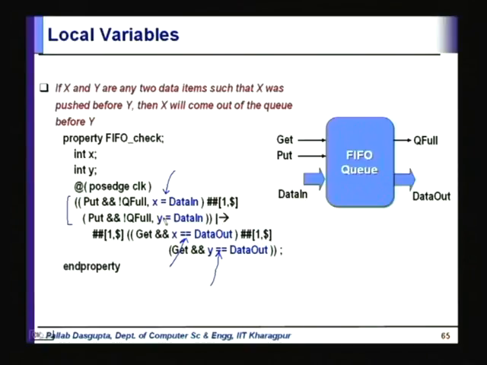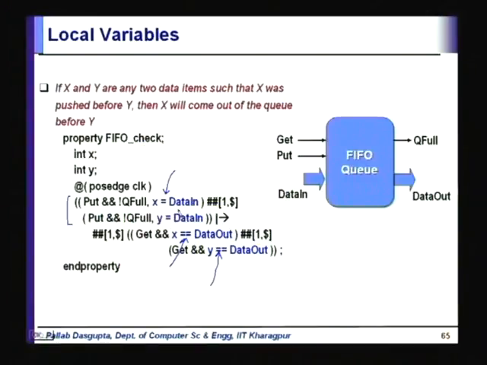So that means the previous data that are entered, and if they are not pushed out, then they will be lost. No, see, what this is saying is that if they are pushed in a particular order, they will appear in the data out also in that order. That is what the FIFO property says, right.